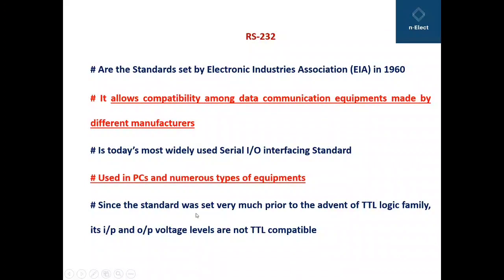Since the standard was set very much prior to the advent of the TTL logic family, its input-output voltage levels are not TTL compatible, meaning they are different from the TTL input-output voltage levels.